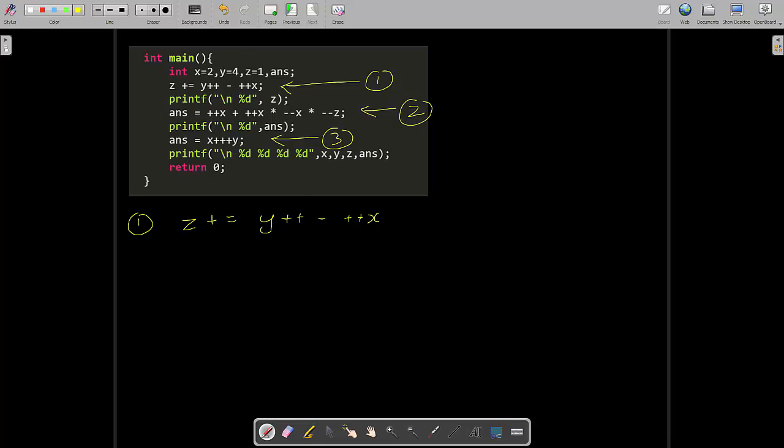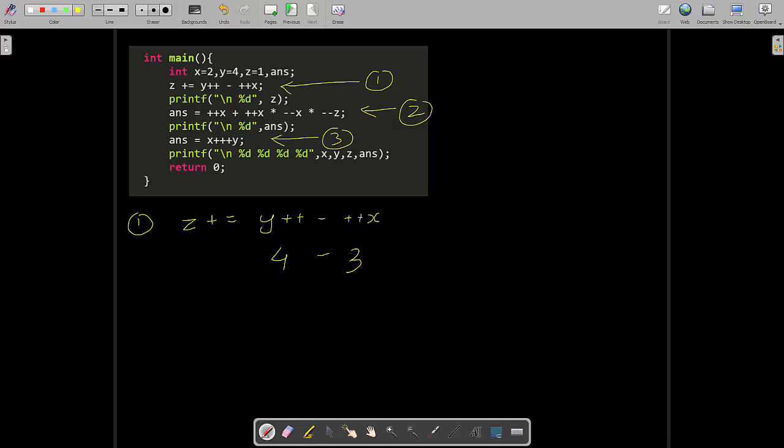Whenever you find post and pre-increment operators, you should substitute their values first. So y currently is 4, and since this is a post increment operator, the value of y is going to be the same. But x is 2, and it is a pre-increment operator, so this will become 3. So the x value is 3.